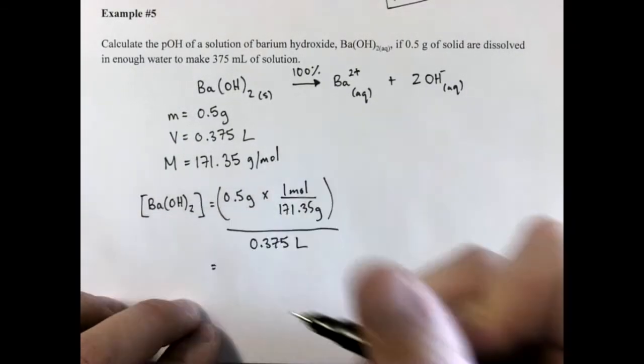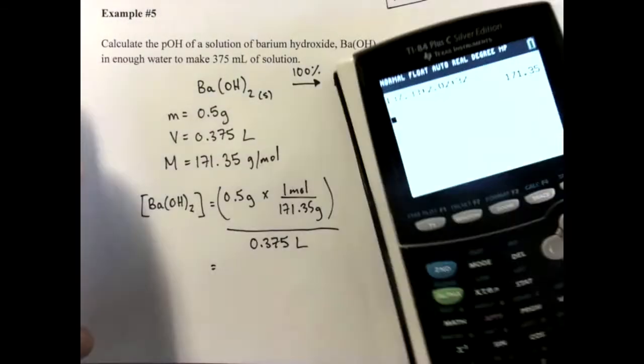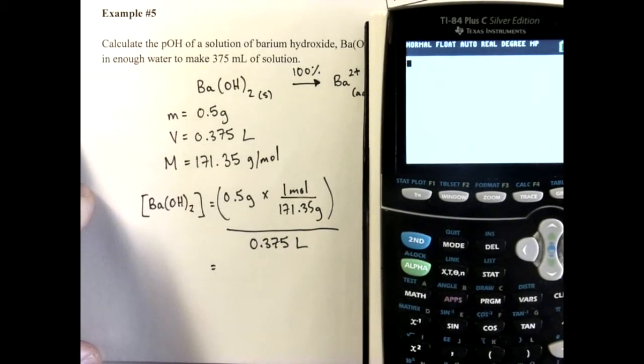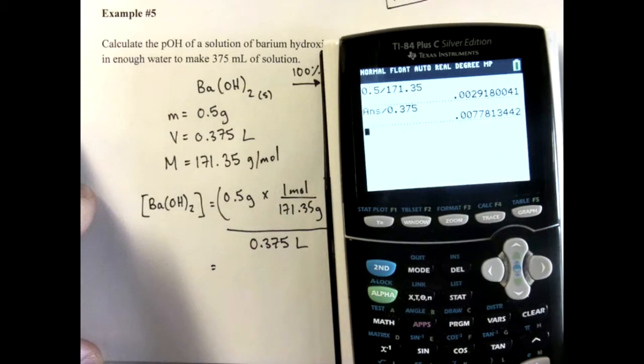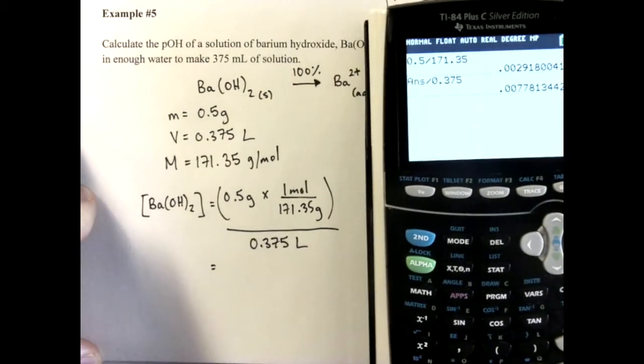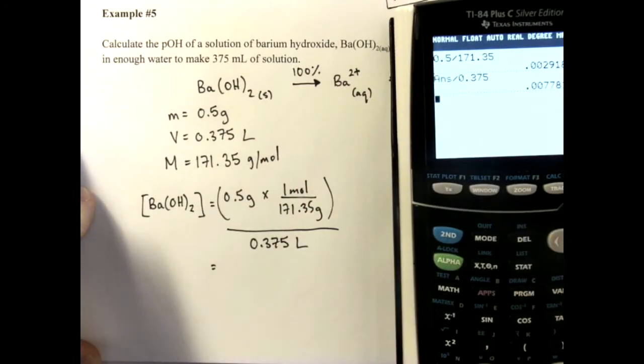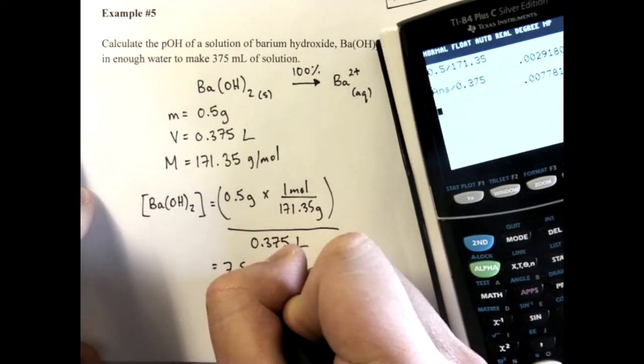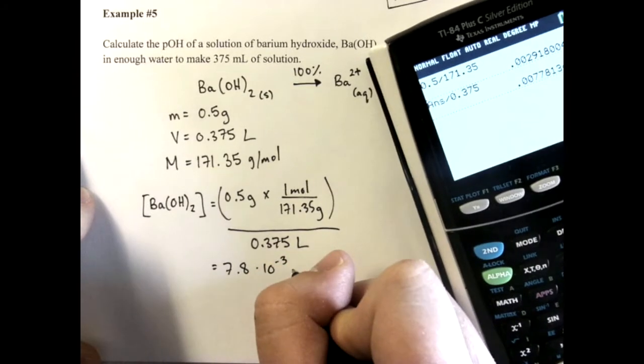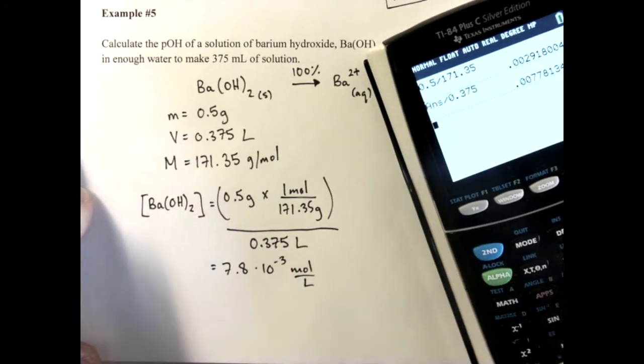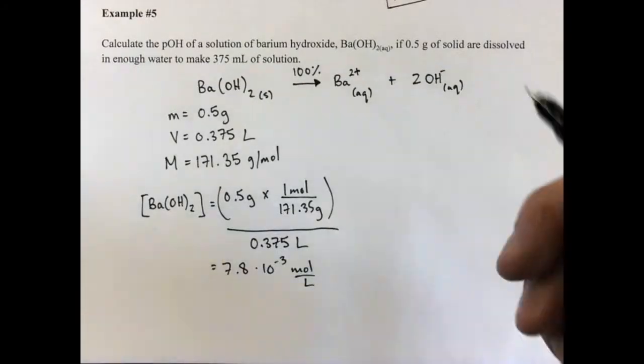That's 0.5 divided by 171.35 divided by 0.375. If you're following along, you should get a number like that. So I'll just round it here. That's 7.8 times 10 to the -3 moles per liter.